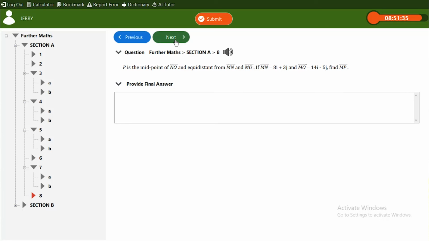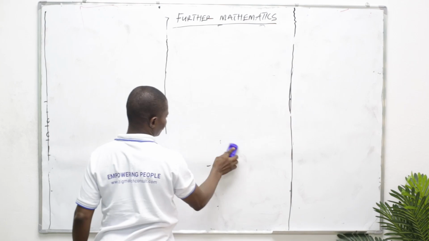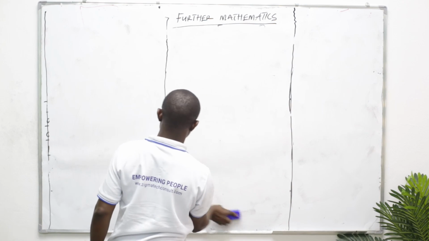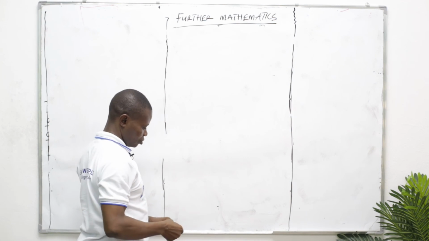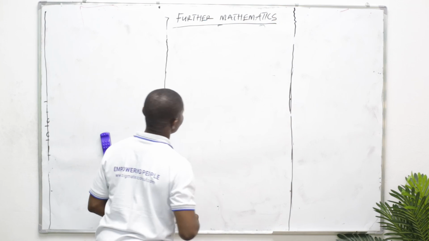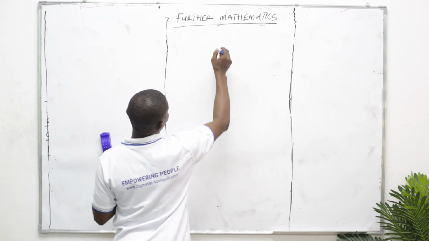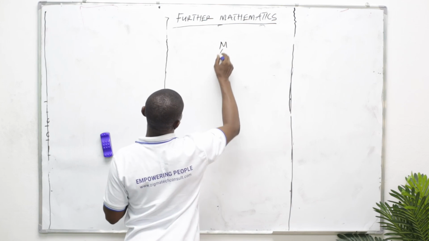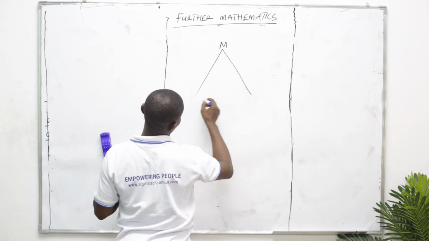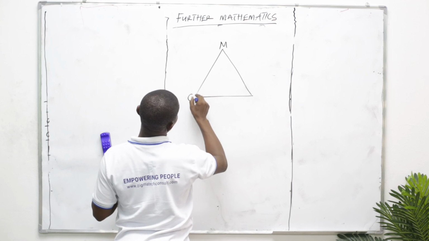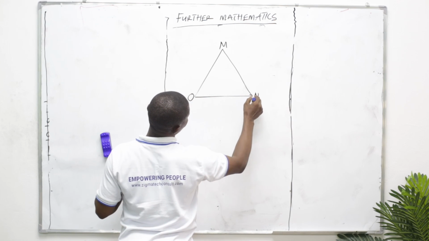Let's look at the vector mentioned in the question. So we have to create a triangle. This is M, O, N.